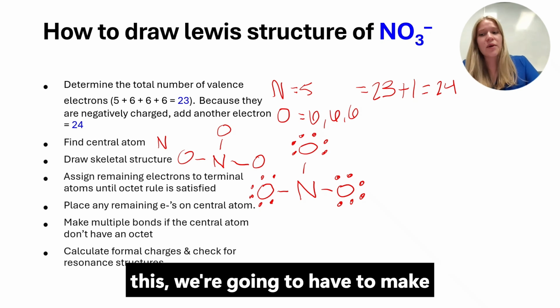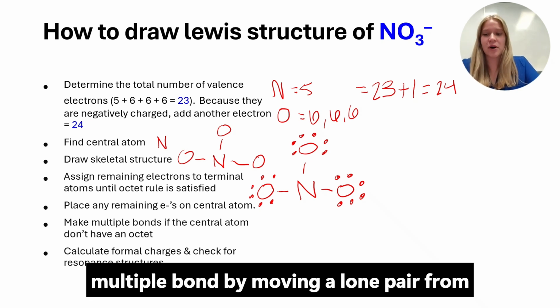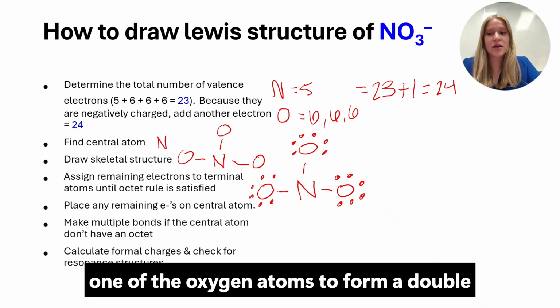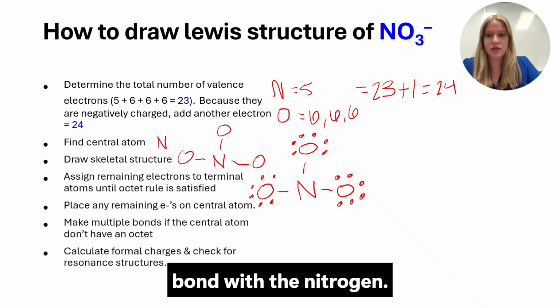To fix this, we're going to have to make a multiple bond by moving a lone pair from one of the oxygen atoms to form a double bond with the nitrogen.